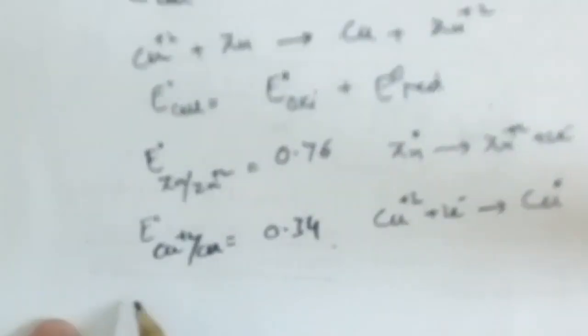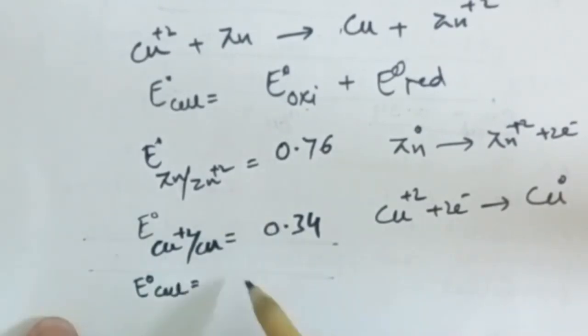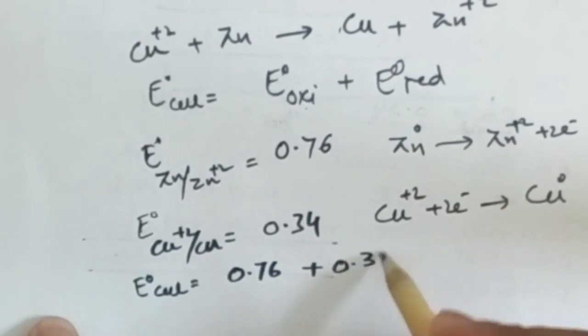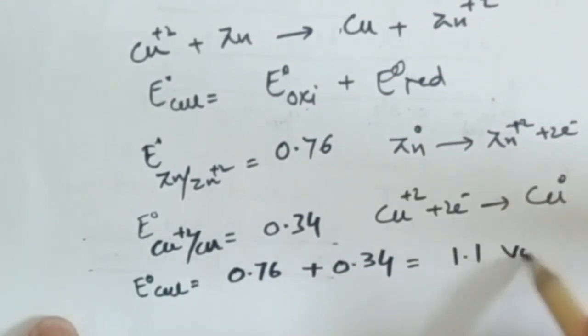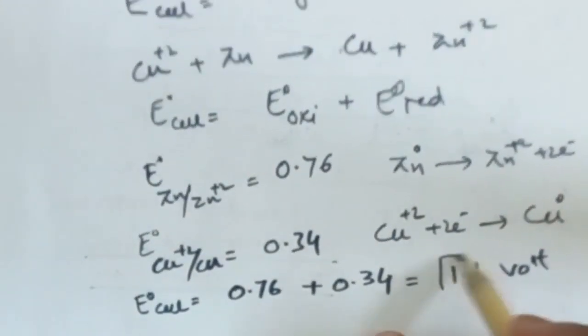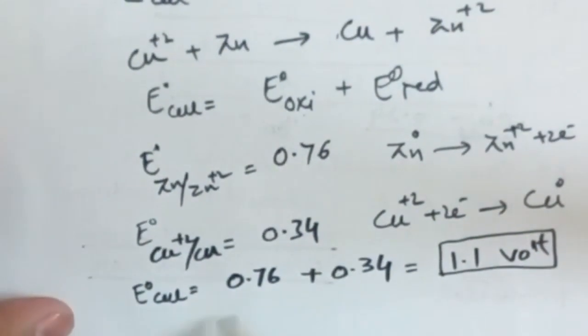Now, if you find the electrode potential of this cell, it is equal to 0.76 plus 0.34. The overall value is 1.1 volts. It means the value is positive, so this reaction is feasible.